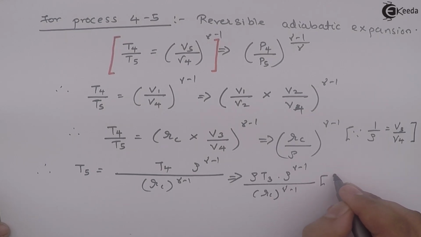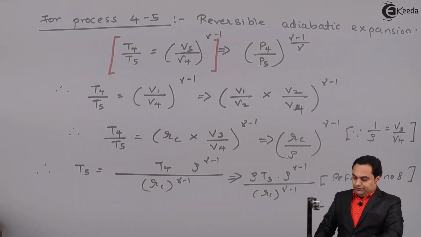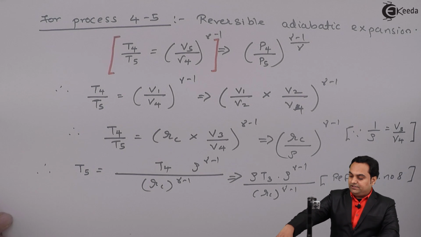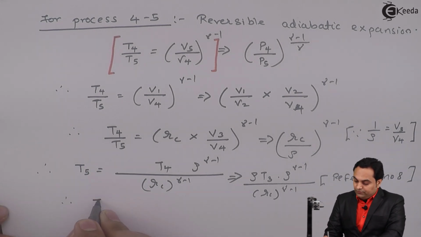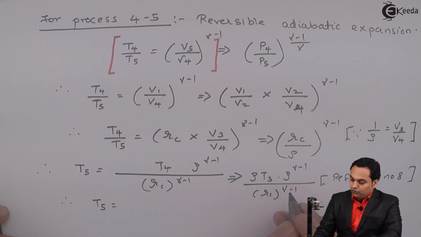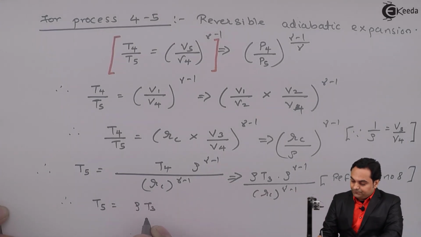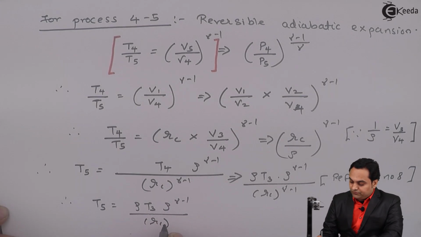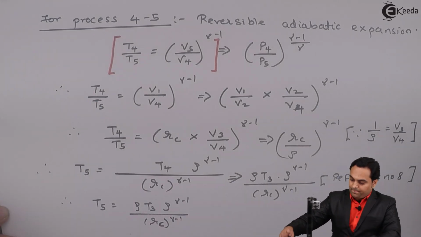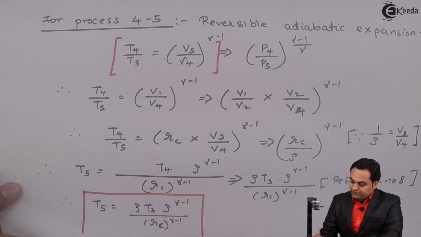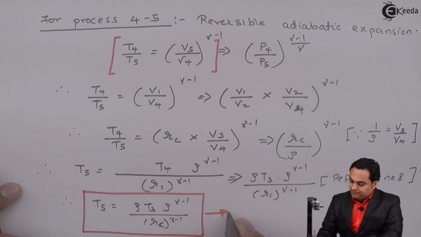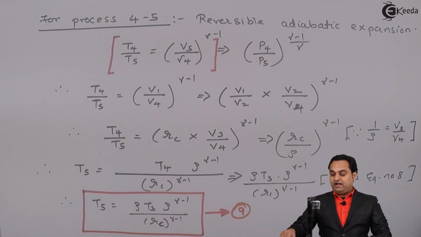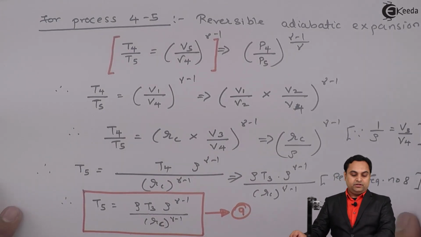I'll say that refer equation number 8. So now here I even have T5 in the form of T3, that is I'll write down, therefore T5 is equal to rho T3 into rho raised to gamma minus 1, I'll keep it as it is, upon RC raised to gamma minus 1. And this I will keep it as equation number 9. So we have all the temperatures in the form of T3, and that we can safely put in equation number A.